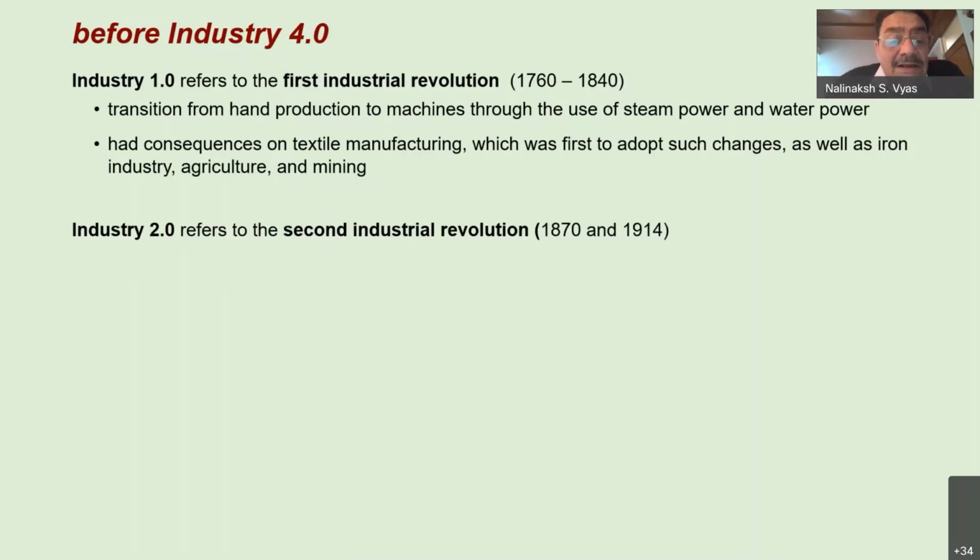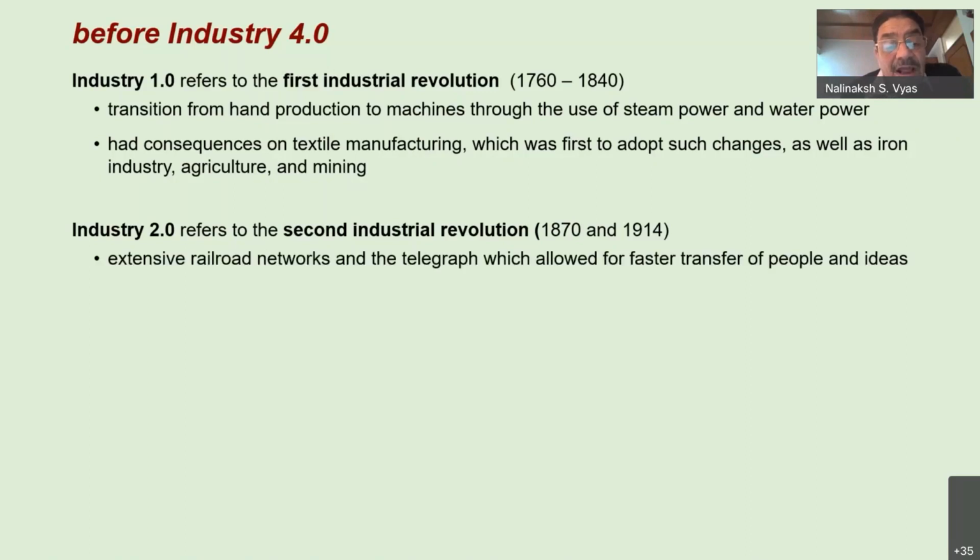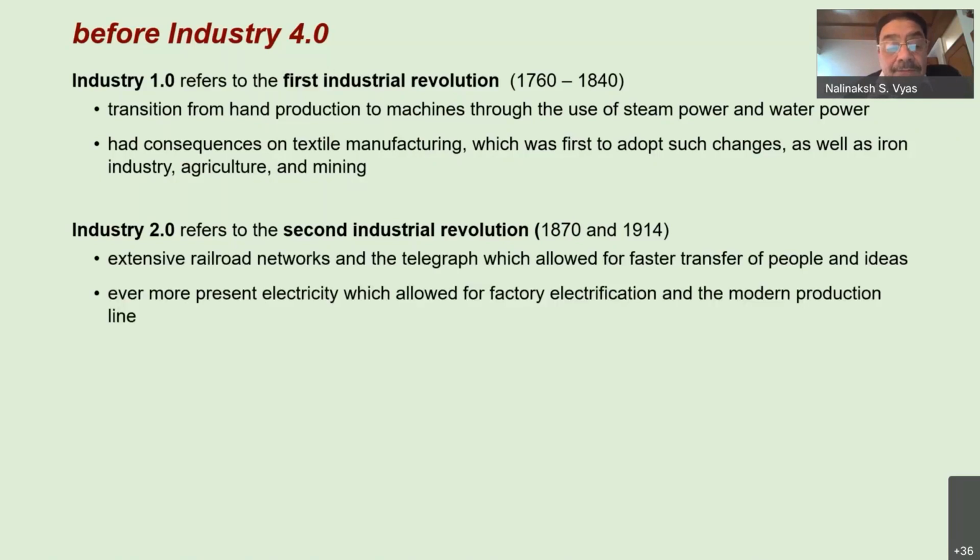The second industrial revolution is just after the time when we were fighting our first war of independence, 1870 to 1914, and this is when the rail network and the telegraph network were laid out in Europe.